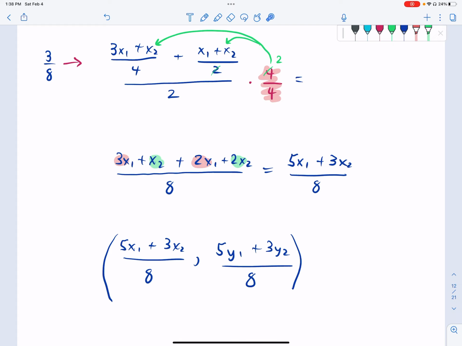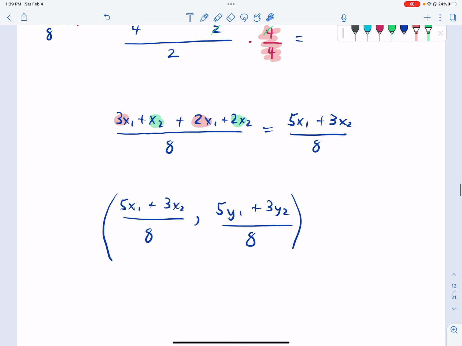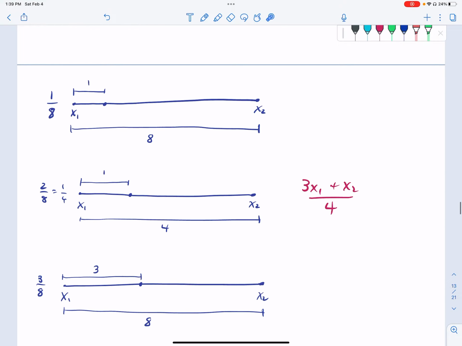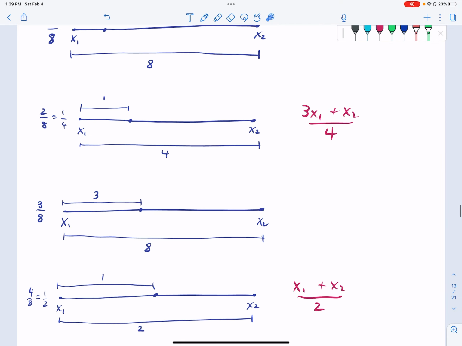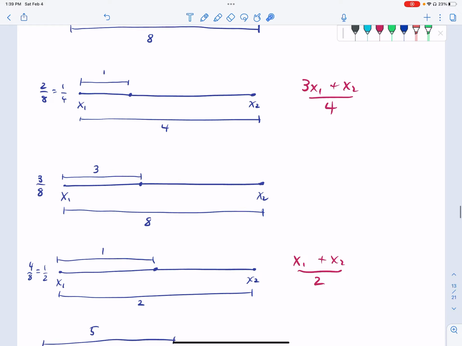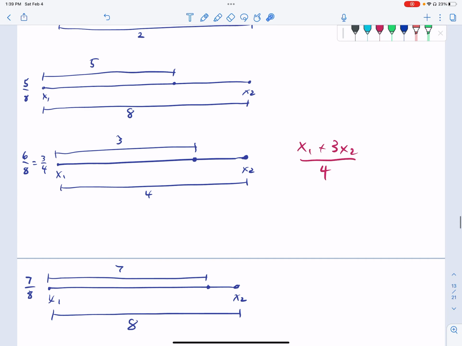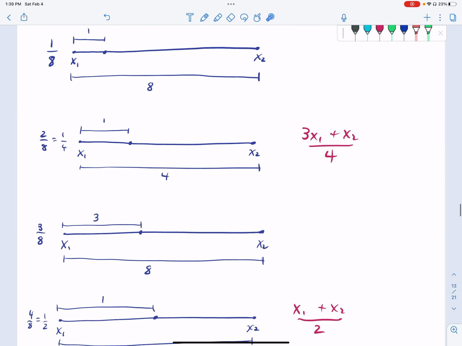So let's see if we can summarize our data and also check the work that you did to find your fractional point. I've got a series of pictures here for the 1/8 point, the 1/4 point, which I already have the formula down, the 3/8, 4/8, same thing as a half, 5/8, 6/8, same thing as 3/4, and then finally our 7/8 point.